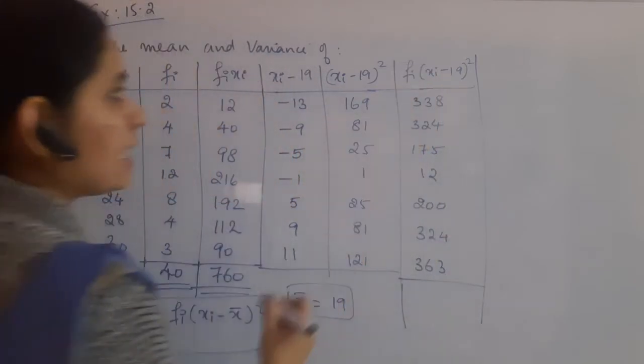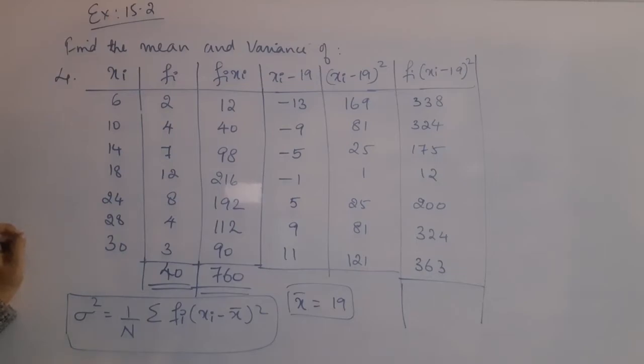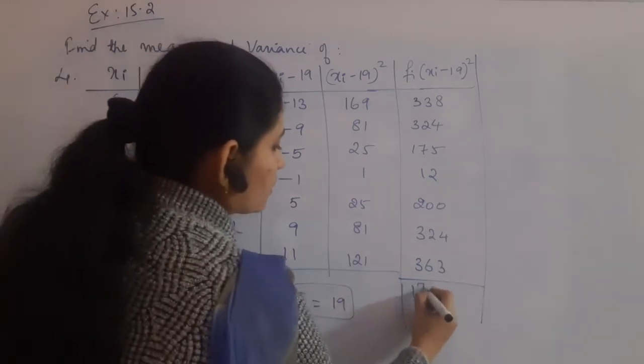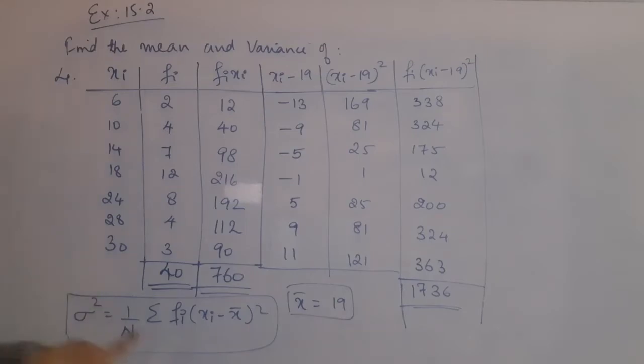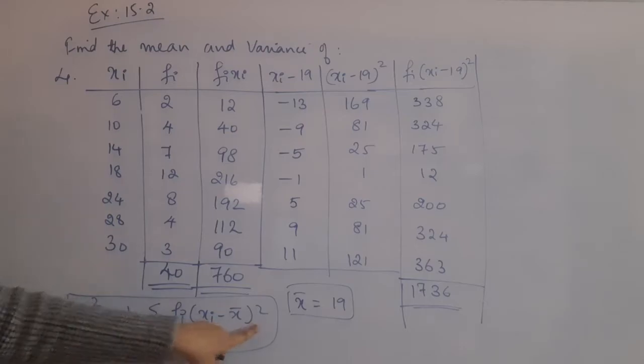This one, sigma Fi into Xi minus X bar the whole square, and that sum is giving you 1736. Just check whether it is correct or not. 1736. Now you have to just apply in the formula, that is variance. Sigma square is 1 by n into sigma Fi into Xi minus X bar the whole square.